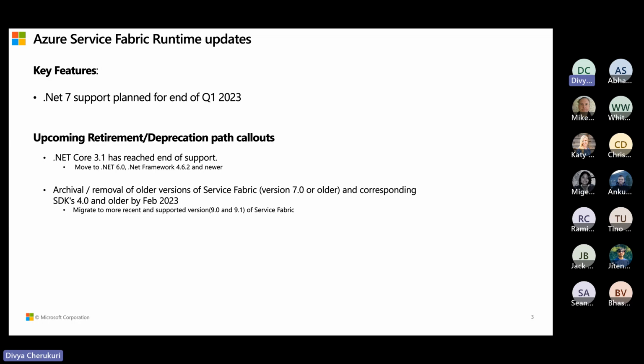By February 2023, we plan to remove all these older versions from the Download Center, which means there would be interruptions with the workloads. This is also something that we have been calling out in the release notes for some time now, and we highly recommend moving to a supported version. So that's the update from Service Fabric Runtime.